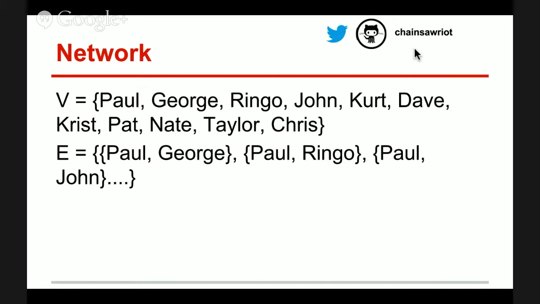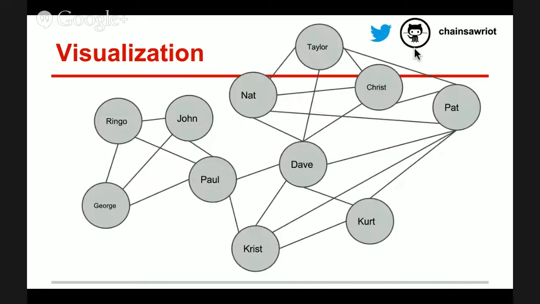We have these people: Paul, George, Ringo, and so on. If they belong to the same band, they have an edge. Say Paul and George are bandmates, so they form an edge between these 2 people.